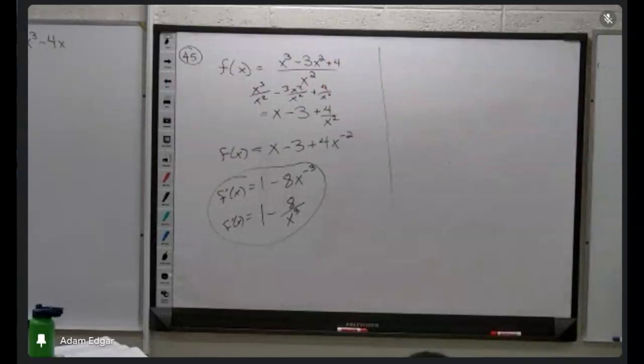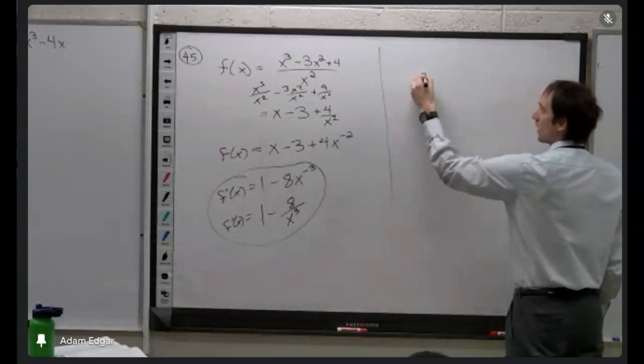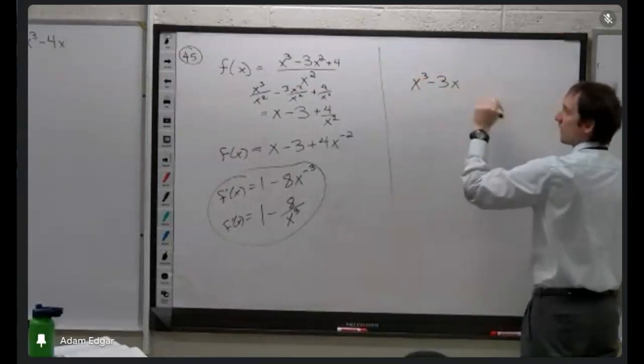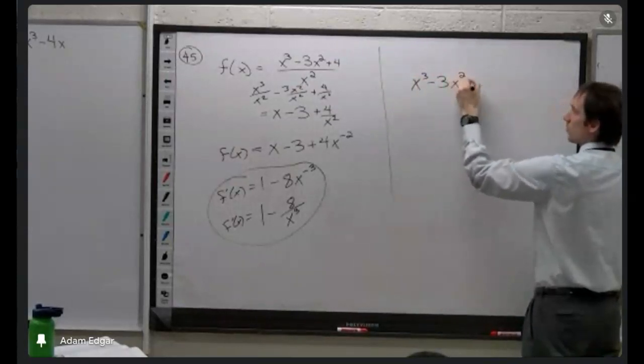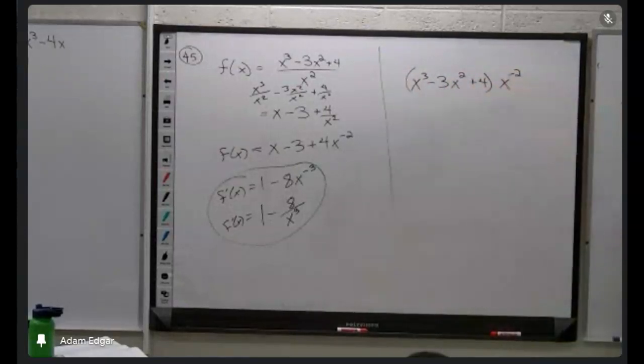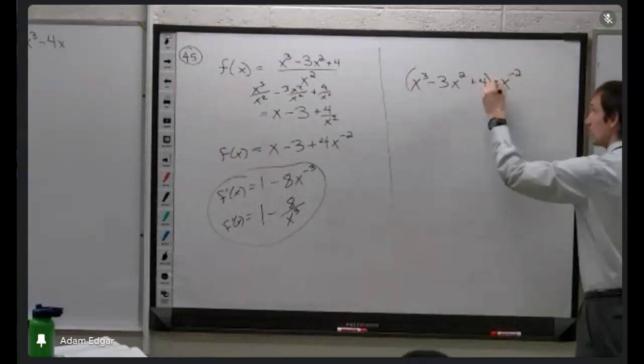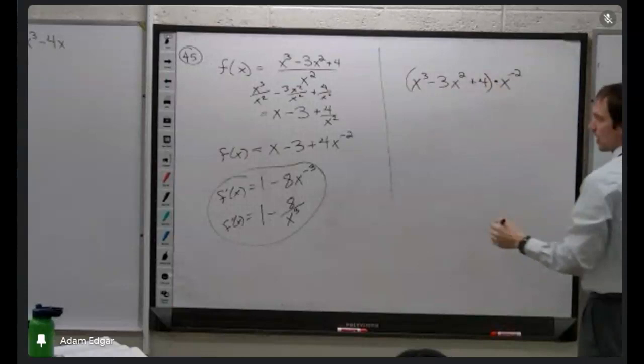If you wanted to do it a different way, some people may have rewritten it like this: 1 over x squared times x cubed minus 3x squared plus 4, or x to the negative 2. Just if you're going to do that, make sure you turn division into multiplication, not into adding. Sometimes I see people do this.